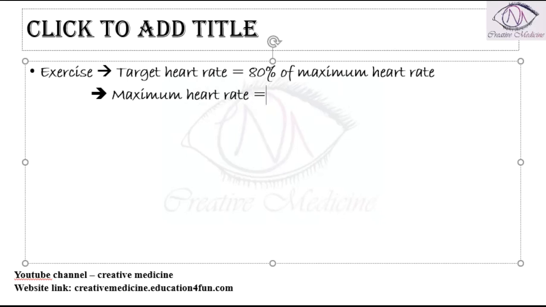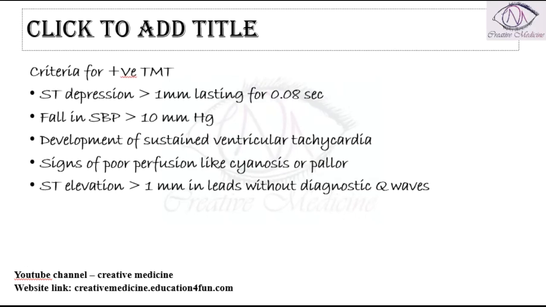It can be calculated by the formula: maximum heart rate equals 220 minus patient's age. These are the criteria of a positive TMT.